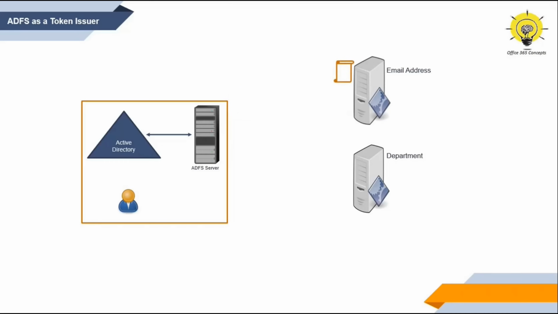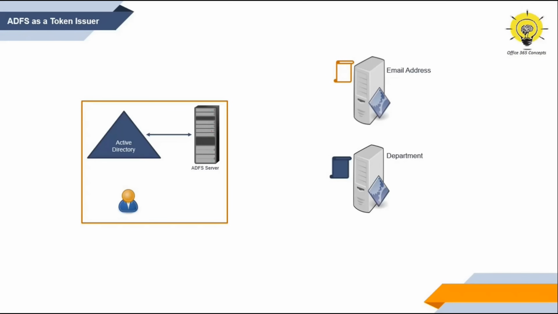In the same way, it will construct another token, add the department attribute within the token, and send this token to the application. So ADFS can customize the tokens as per the application's requirement.